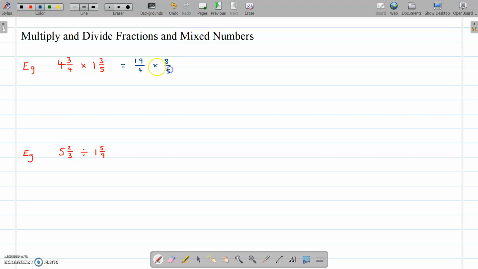Okay, now we could simply multiply the two numerators together and the two denominators, but before we do that we tend to look for cancelling. In other words, anything on the top that is a multiple or factor of anything on the bottom.